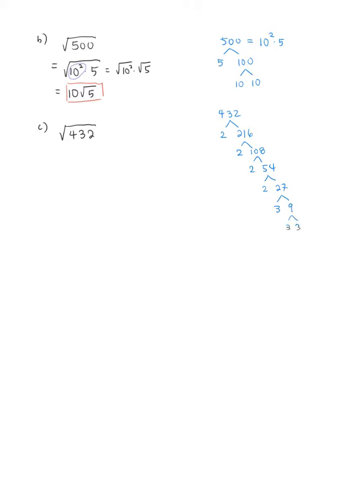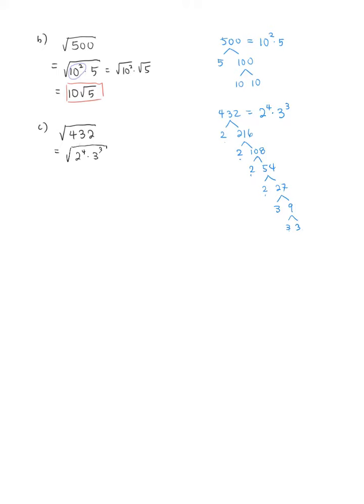Okay, so what I just did was basically break down 432 into all prime numbers. So here you're going to have 2 to the, how many 2's do we got going on? 1, 2, 3, 4. 2 to the 4th times 3 to the 1, 2, 3. 3 to the 3rd. Now let me rewrite this as the square root of 2 to the 4th times 3 to the 3rd.